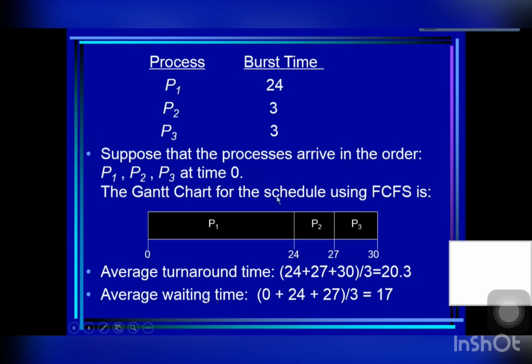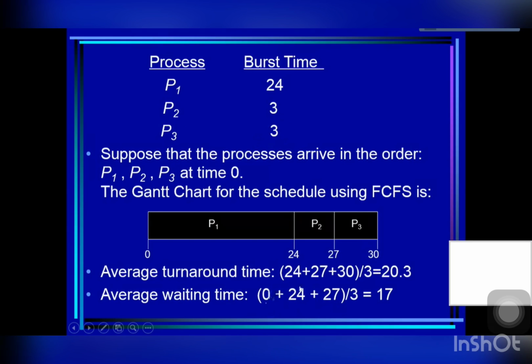About the waiting time, what is the waiting time? We use the turnaround time minus the burst time. So as for P1, its waiting time is 0. As for P2, we use turnaround time 27 minus its burst time 3, we get 24. And as for P3, we use its turnaround time 30 minus its burst time 3, we get 27.